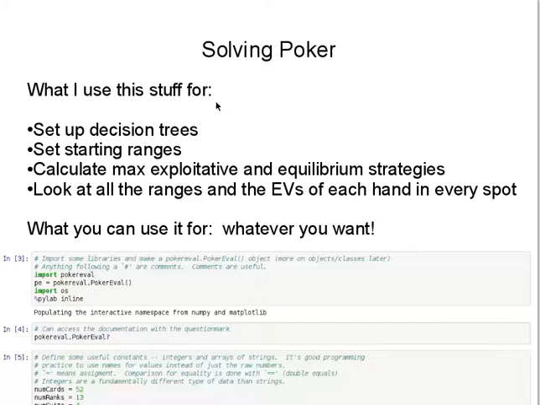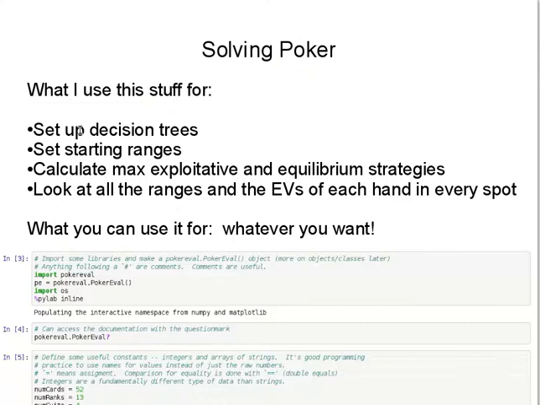Okay, let me wrap this video up with more or less what I just said. This is meant to be a give-a-man-a-fish sort of project. Instead of telling you exactly what to do, I'll give you more tools to do it yourself. With this sort of software, what I do is find spots that I'm interested in, that maybe I don't know how to play very well and want to learn about.